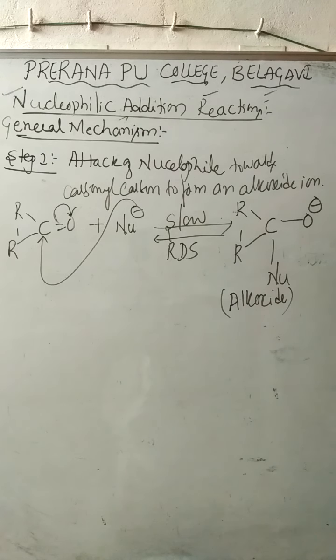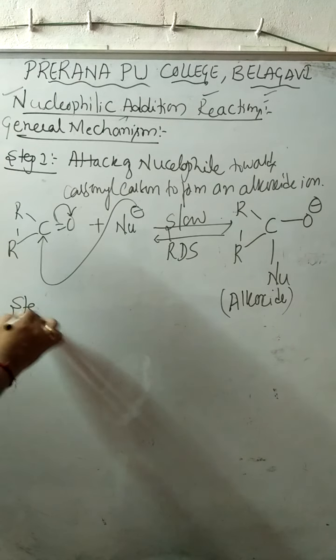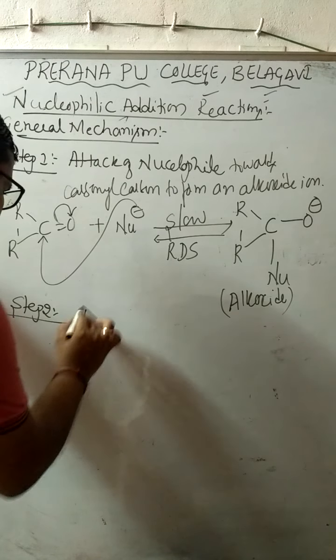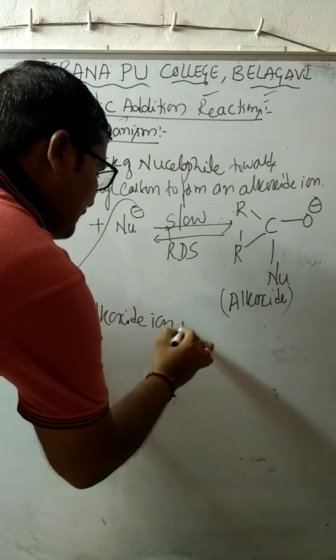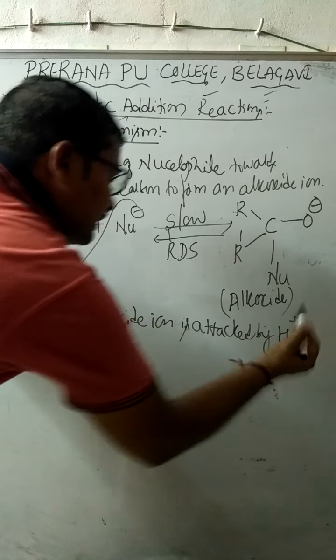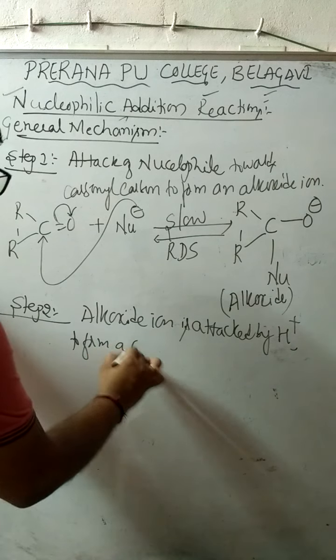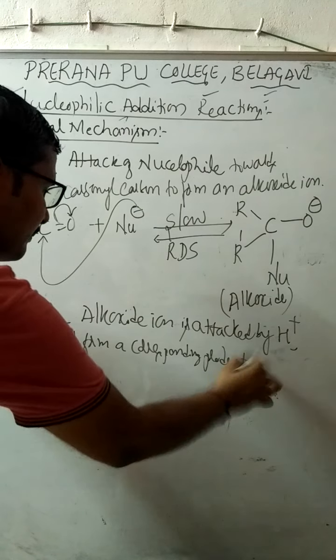So this is the first step. The second step tells that the alkoxide ion is subjected to protonation such that it forms the corresponding compound. Step 2 can be explained as the alkoxide ion being attacked by a proton, that is H plus, to form the corresponding product.